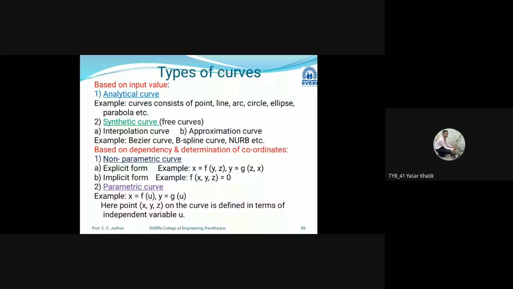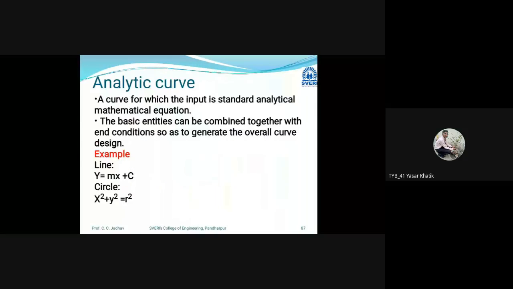So we will see the curves one by one. First is the analytic curve. Basically, in that curve we supply input which is standard for a mathematical calculation. If you remember the line equation, y is equal to mx. This is the standard equation for the line.